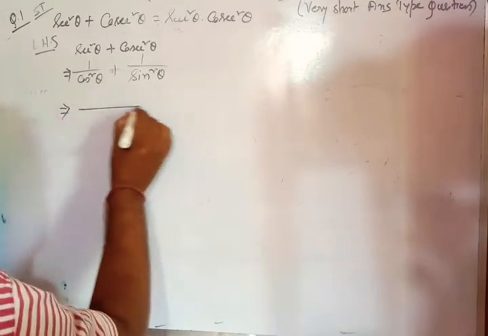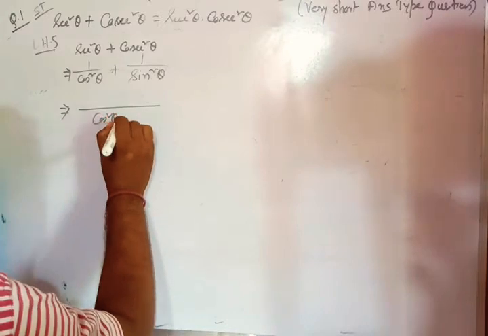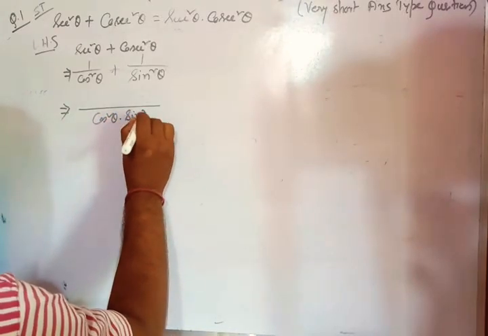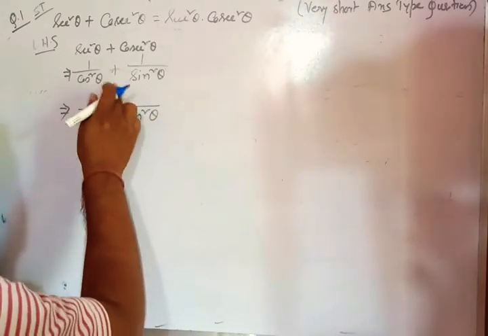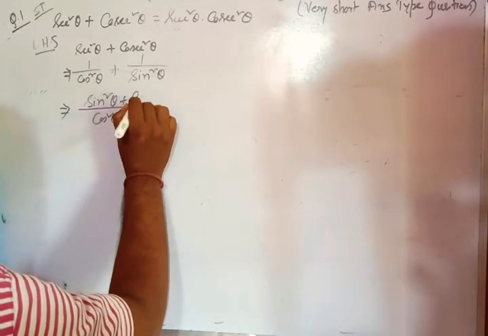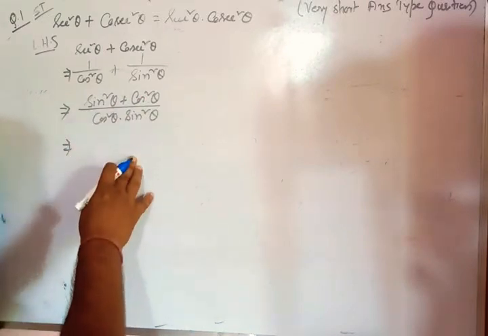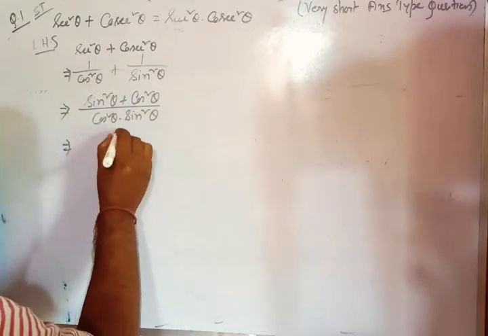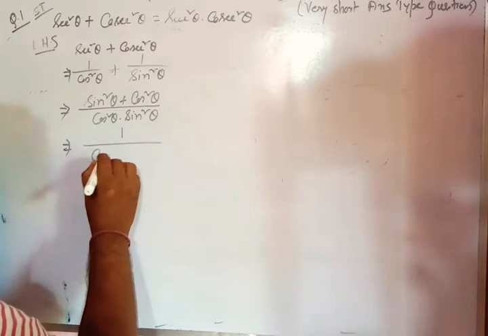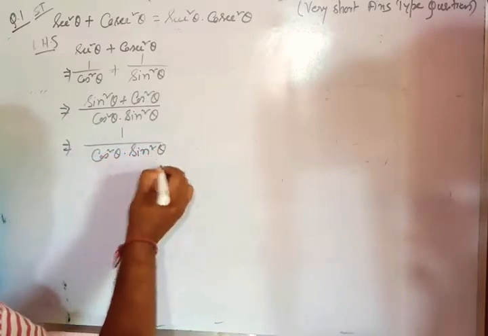Now this means cos square theta into sin square theta in the denominator, and the numerator is sin square theta plus cos square theta. We know that sin square theta plus cos square theta is equal to 1. So that equals 1 divided by cos square theta into sin square theta.